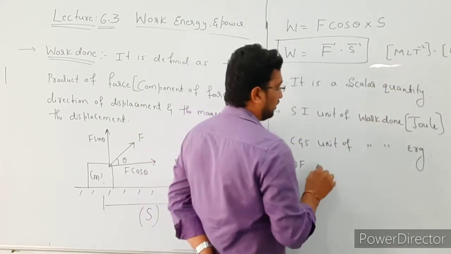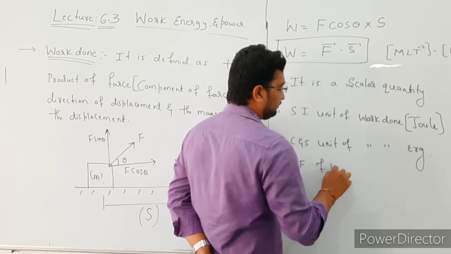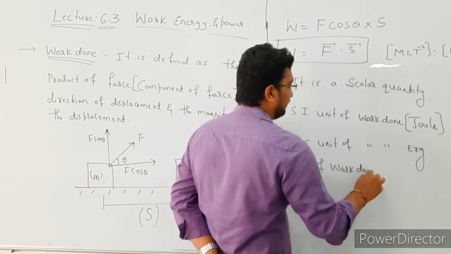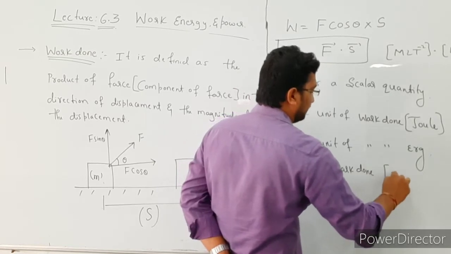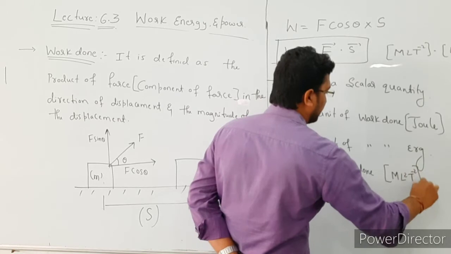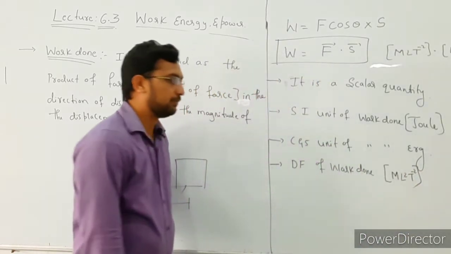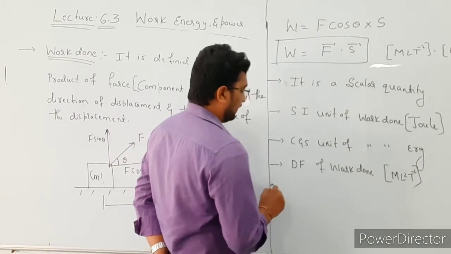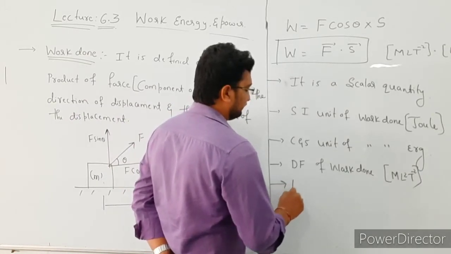The dimension formula of work done is M L square T to the power minus 2. Okay, the next one, nature of work done.